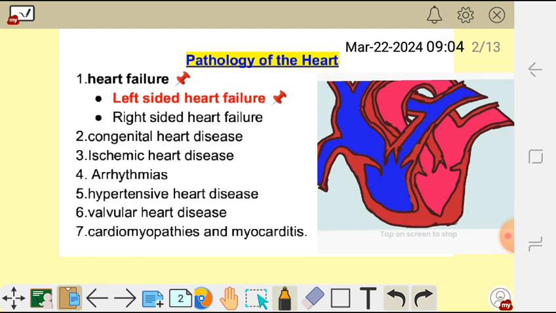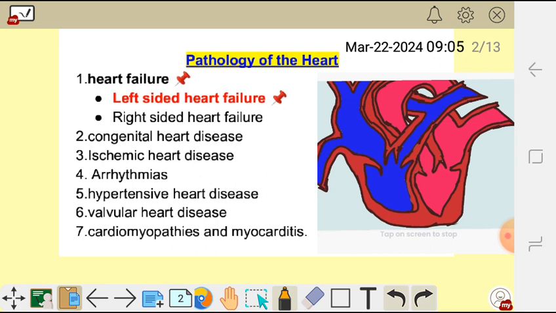Here we're talking about the valves between the left atrium and the left ventricle. If this mitral valve fails, if there is any inflammation or disease in it, blood won't be pumped properly into the left ventricle, and the blood pumped into the aorta, into the systemic circulation, will be less, and that will lead to left-sided heart failure.